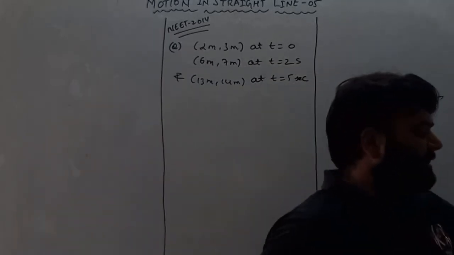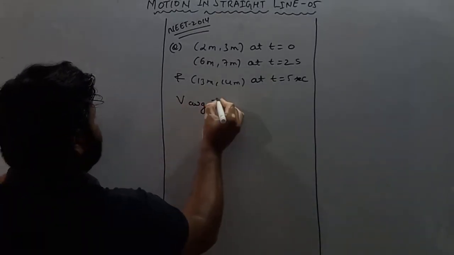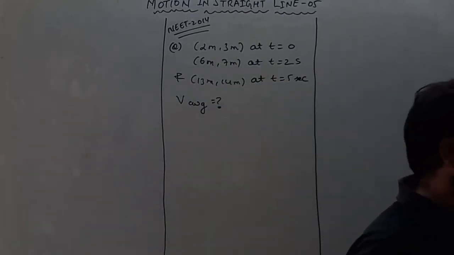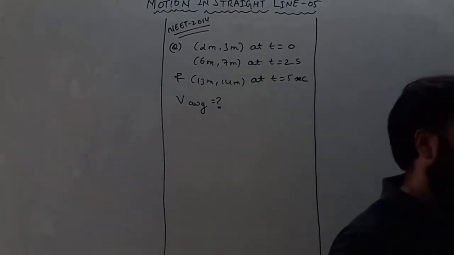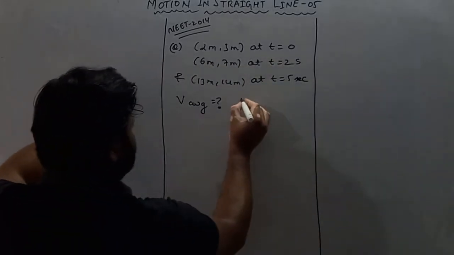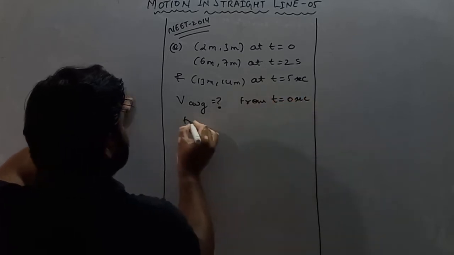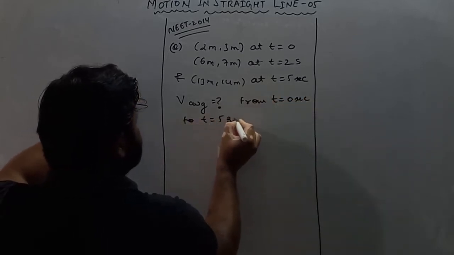Find the average velocity from t equals 0 to t equals 5 second.